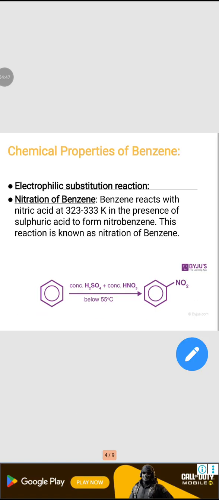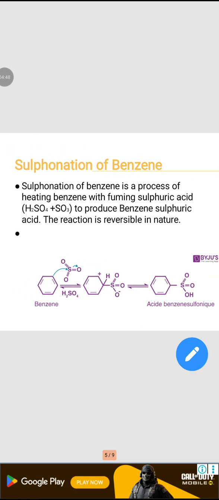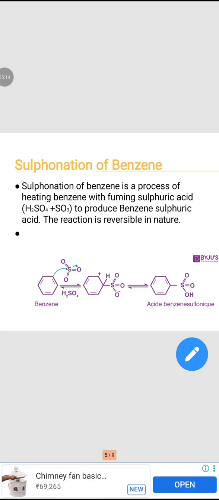Then the second one is sulfonation of benzene. Sulfonation of benzene is a process of heating benzene with fuming sulfuric acid. The sulfuric acid formula is H2SO4, but fuming sulfuric acid has sulfur trioxide added, H2SO4 plus SO3, to produce benzene sulfonic acid. This reaction is reversible in nature.